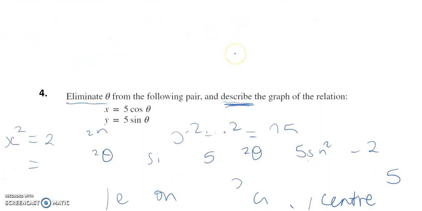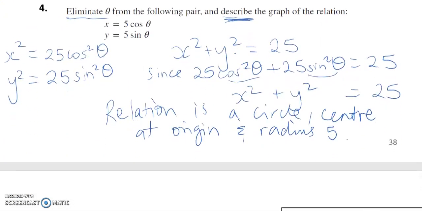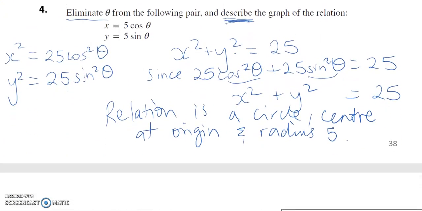Okay. Number 4 is a bit of a different example. This one says eliminate theta from the following pair and describe the graph of the relation. So the first thing I'm going to do is square everything, x and y. So I get x squared is 25 cos squared theta. Similarly, y squared is 25 sine squared theta. Then I would be getting to add them together.